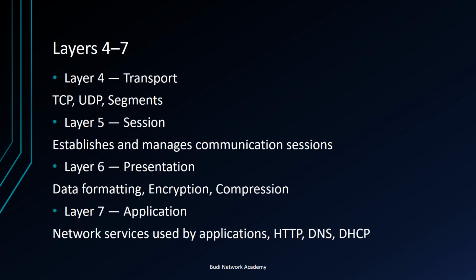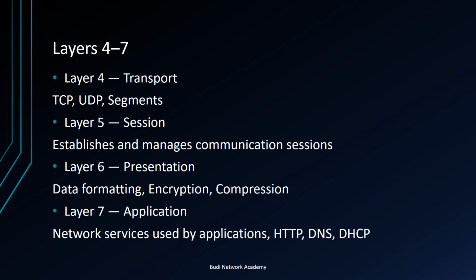Now let's look briefly at the upper 4 layers. Layer 4 is the transport layer. It provides communication between applications and includes protocols such as TCP and UDP. Layer 5 is the session layer. It helps establish, manage, and terminate communication sessions. Layer 6 is the presentation layer. It deals with how data is represented, including things such as formatting, encryption, and compression.